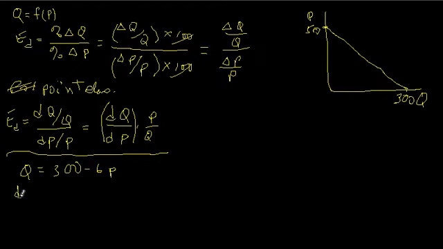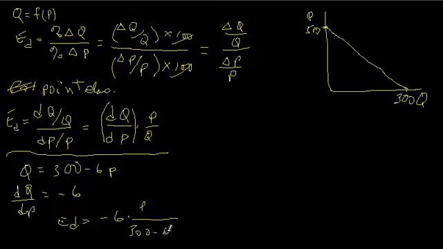So why don't we do that? dQ/dP is equal to minus 6, of course, so that the elasticity of demand is equal to minus 6 times P over Q, but we know that Q is 300 minus 6p. So here is our elasticity.